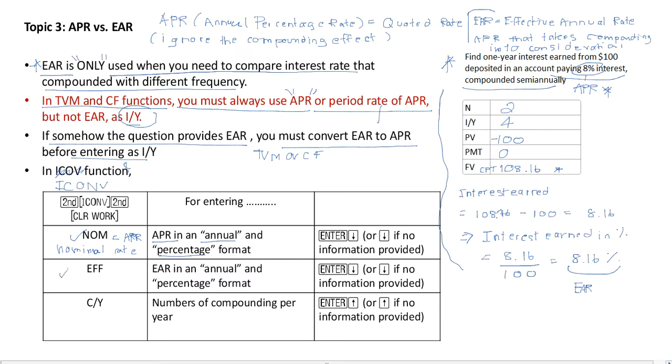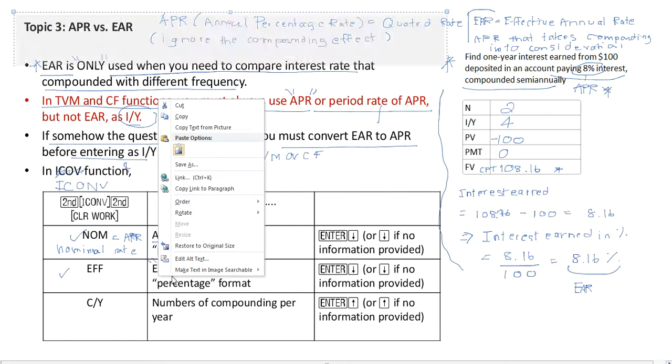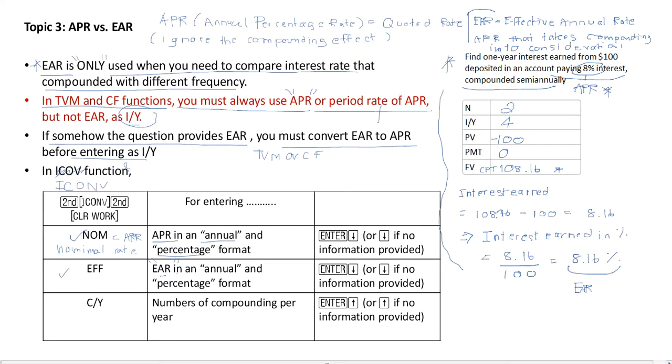Then the second one is called EFF, which you will see in the ICONV function on your calculator. EFF is the item where you put EAR, because EAR stands for effective annual rate. Therefore, the information that you put in here has to be annual, and again it has to be a percentage. The last piece is C/Y.